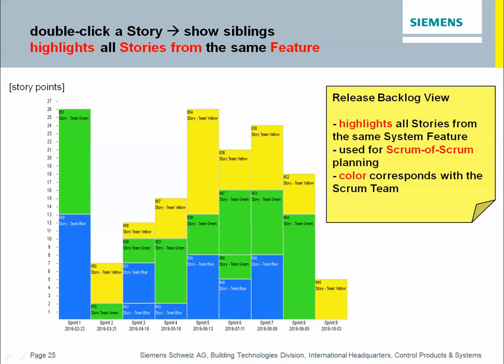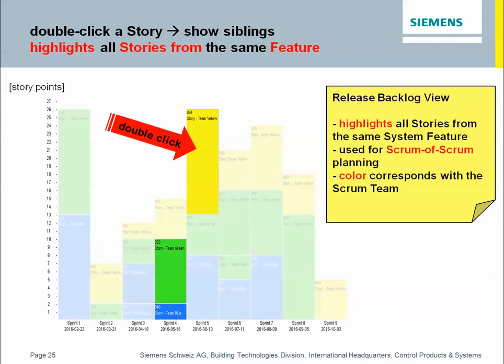That's a useful functionality, especially in the Scrum of Scrums. We just have to double click on the story. When we double click this story, we see those 3 stories are highlighted, which means that they contribute to the same feature. That's very easy because you just have to double click, and we use this very often in a Scrum planning session.